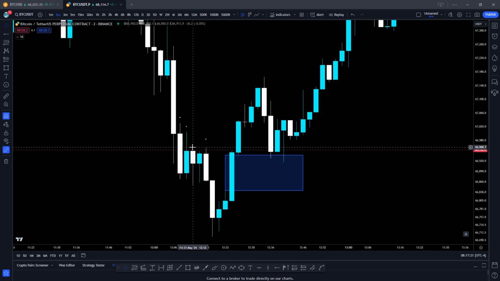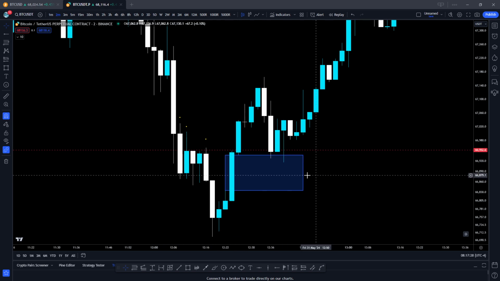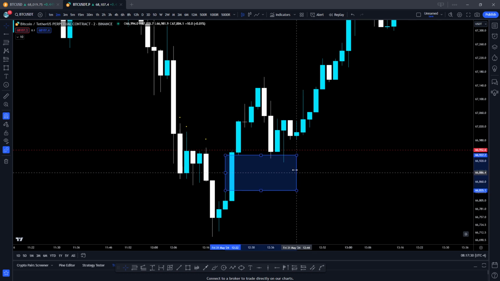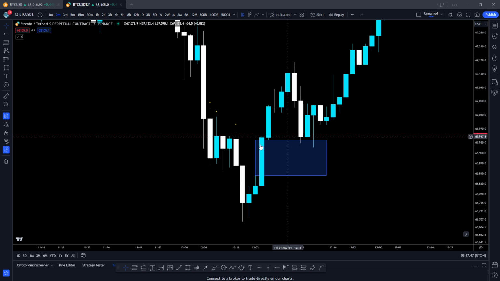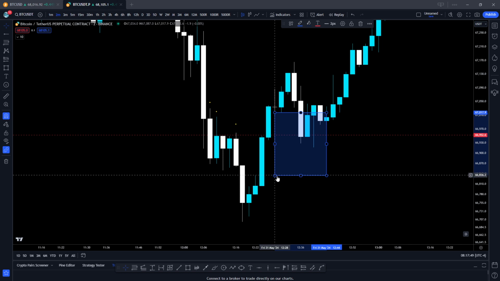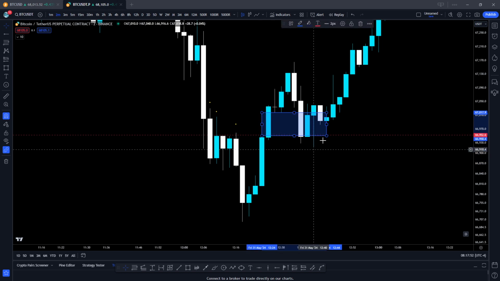So it's going to be at your discretion, but for me, this was a lot cleaner than the 1 minute. And I know people are going to say, well, you just changed it because it didn't hit what you wanted to see. Well, you could see there were multiple fair value gaps in little bitty candles, and it just wasn't good. Now we could play off, yeah, there's a fair value gap here as well that you could play off of.